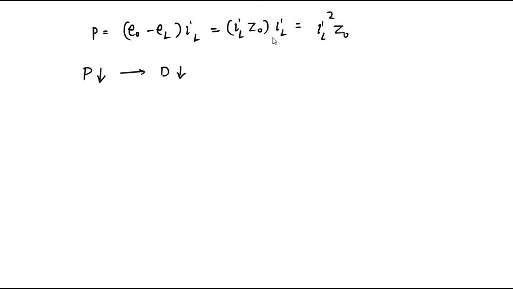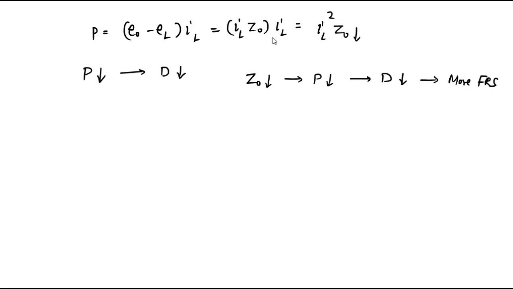So in order to minimize the power loss, we have to minimize Z0. Lower Z0 means lower power loss, which means lower distortion, which means more faithful reproduction of the signal.